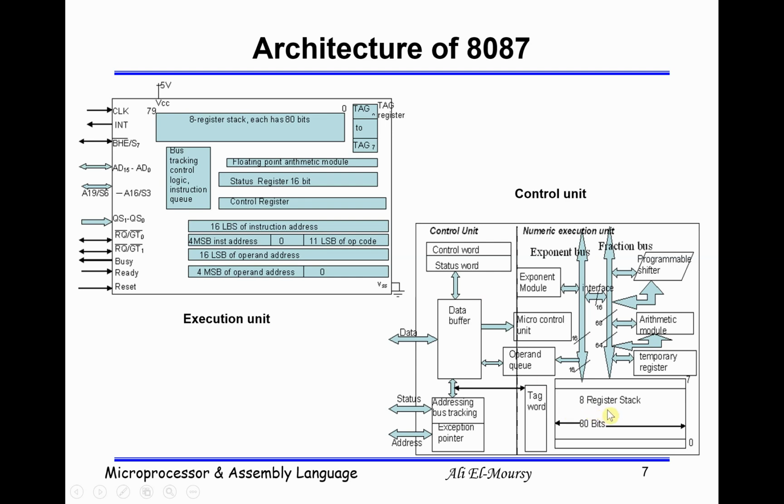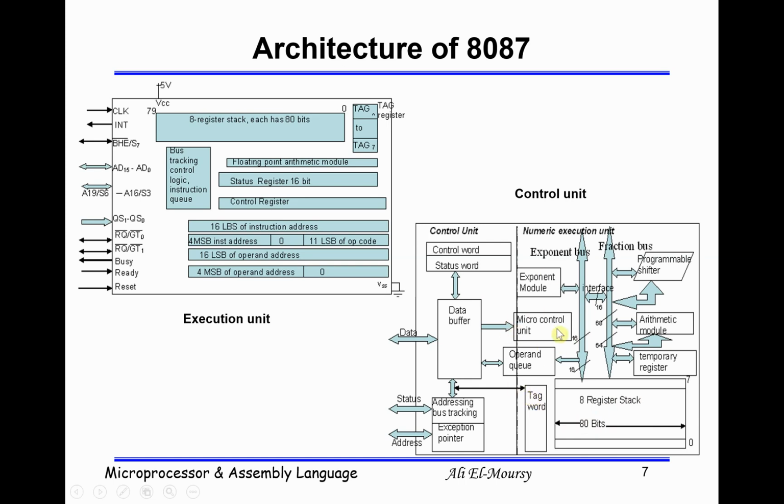And as you can see here, you can find an 8 register stack of 80 bits wide, and this is the most critical information that we will learn, as we will see shortly in the upcoming slides.